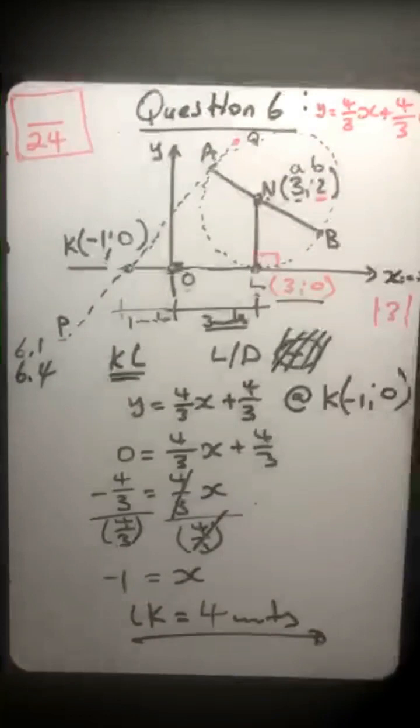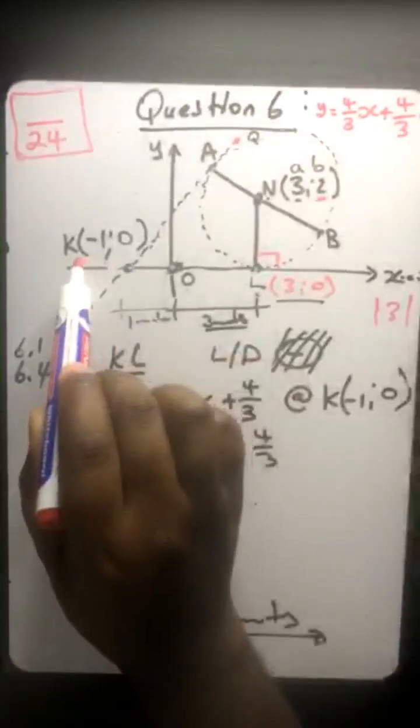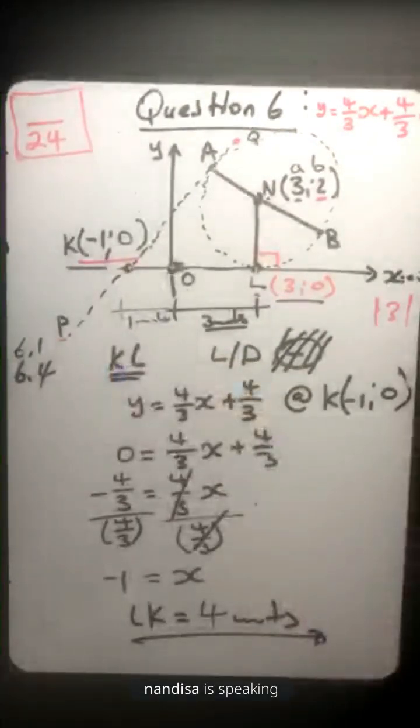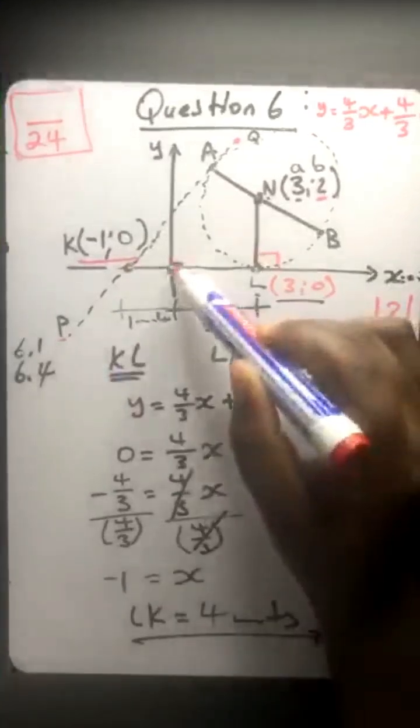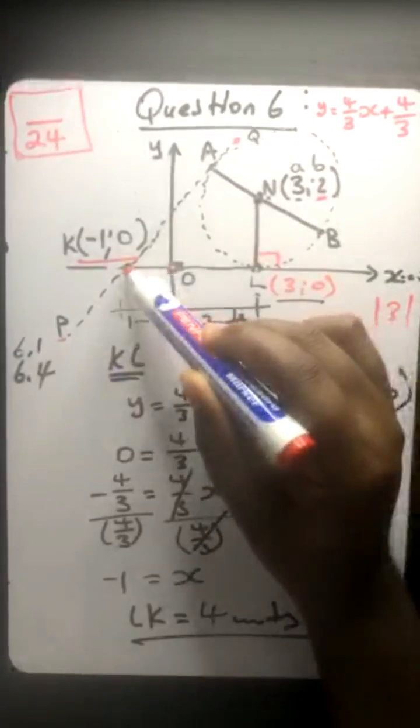Sorry, sir. Can you please repeat that? Like, how is it 4? Do you understand the coordinates of K, how we got those? Yes. Okay, so if you had to walk from the origin to K, it's 1 unit. Do you agree there?